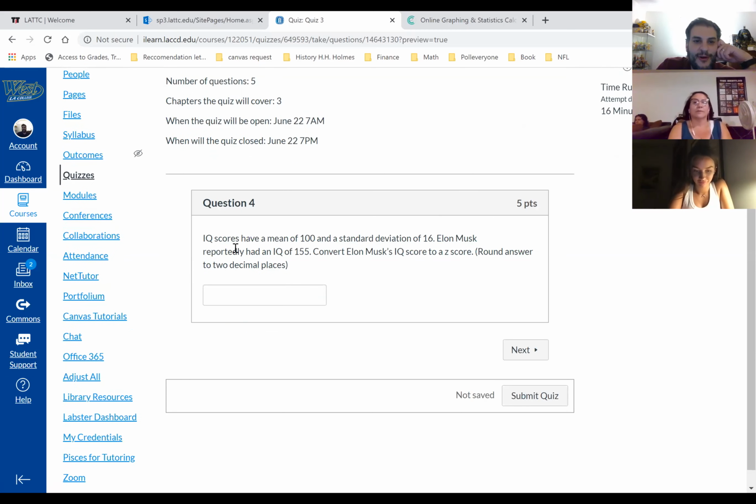For question 4, it says the IQ scores have a mean of 100 and a standard deviation of 16. Elon Musk reportedly had an IQ of 155. Convert Elon Musk's IQ score to a z-score. And it says to round the answer to 2 decimal places. That was important.